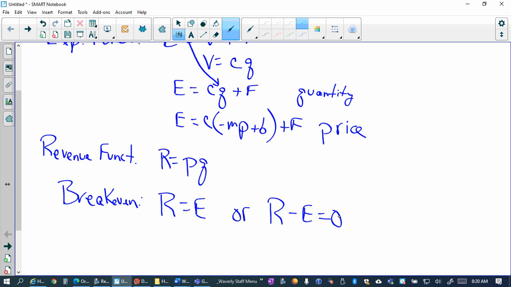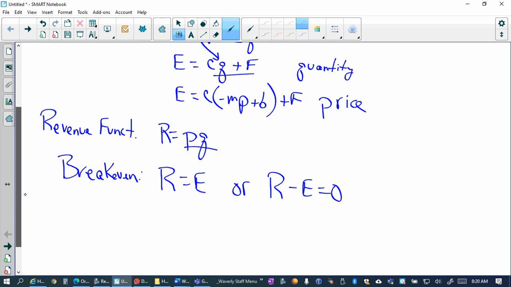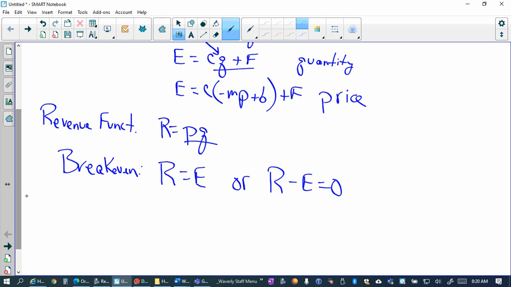Oh, yeah, so just plug in some of the revenue equations, PQ, right? So if that's my R, here's my E. You solve that by doing, okay, when does revenue PQ equal expense CQ plus F, right? You go through and solve for Q.